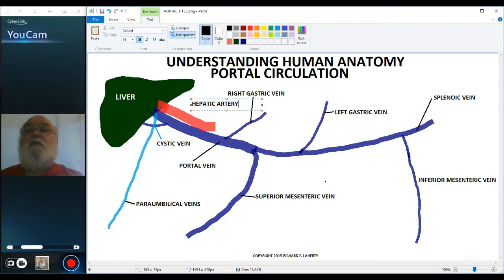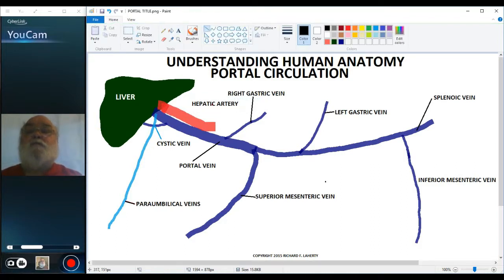The hepatic artery is bringing oxygenated blood to the liver to supply the liver cells with oxygen.